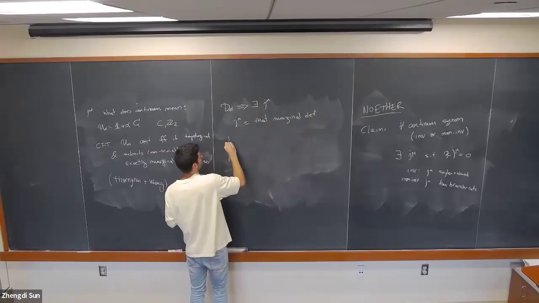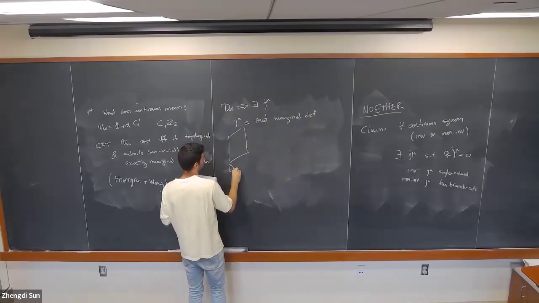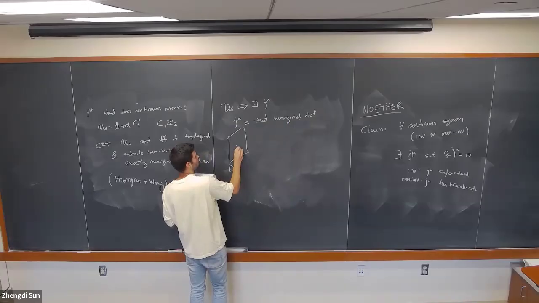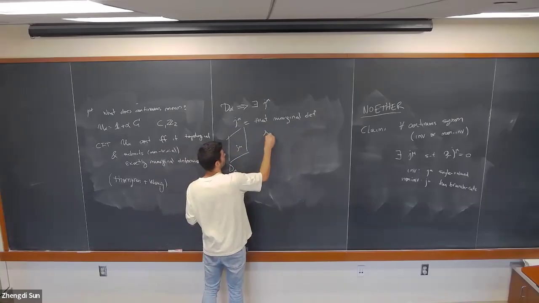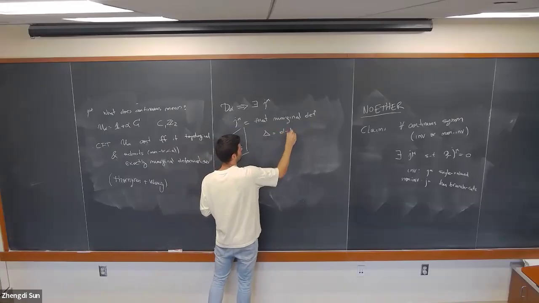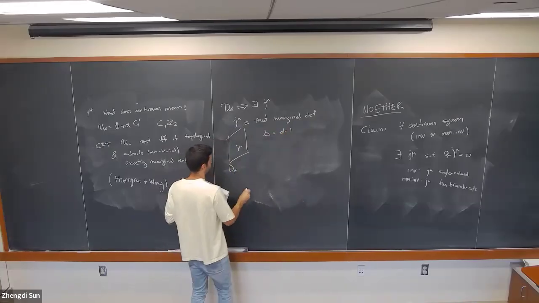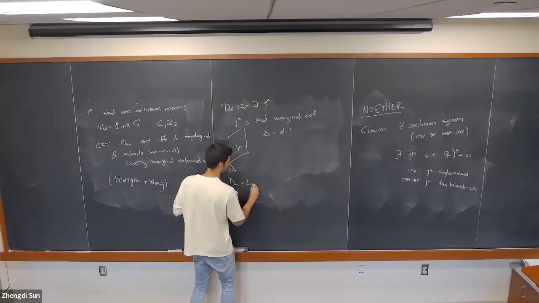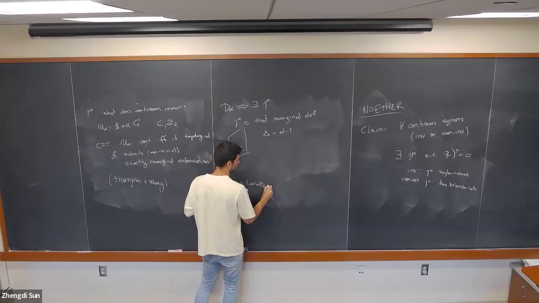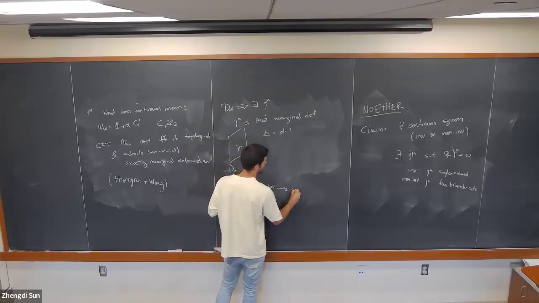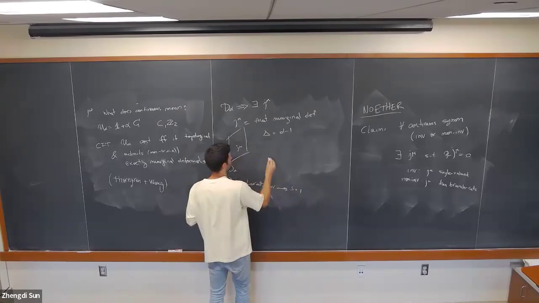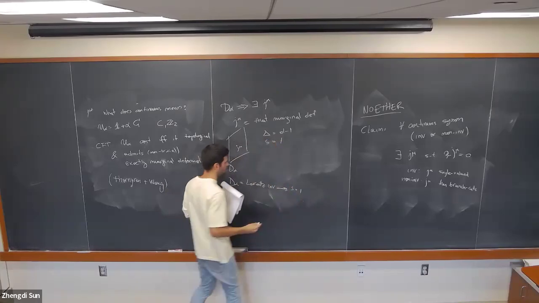So if you have the defect like this, then there is some operator, J mu, that lives on the defect, which is exactly marginal, so delta is d minus 1. And if the defect is Lorentz invariant, this implies that the spin is 1.